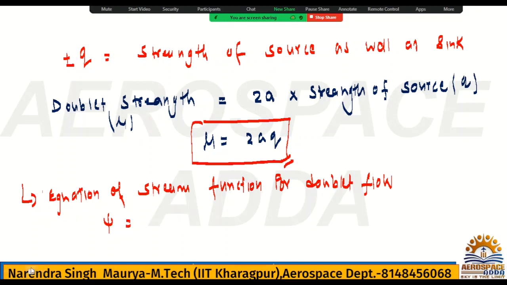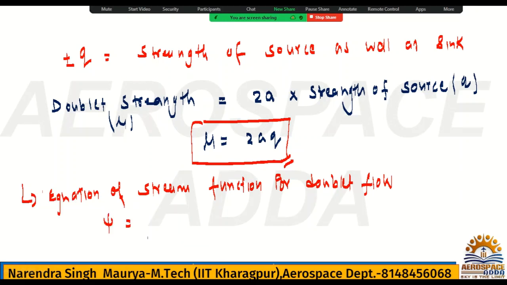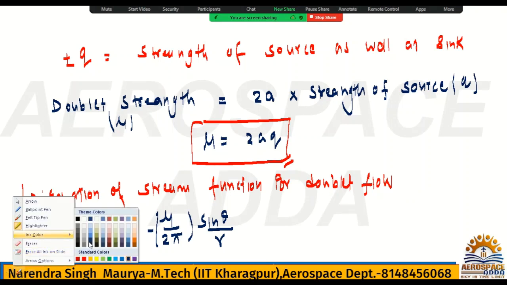Psi. What is this? It is nothing but minus mu upon 2 pi, sin theta by r. This is the derivation actually, but I am not going to derive. As I told you, it is not required at all.